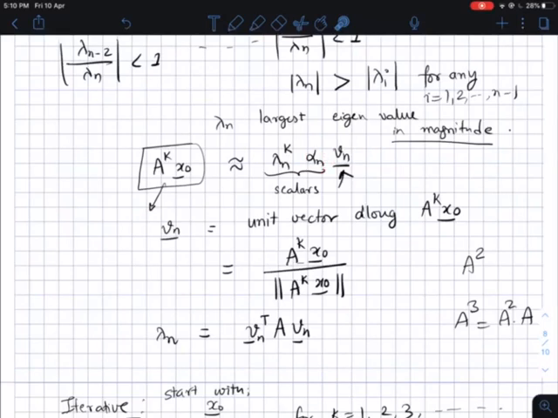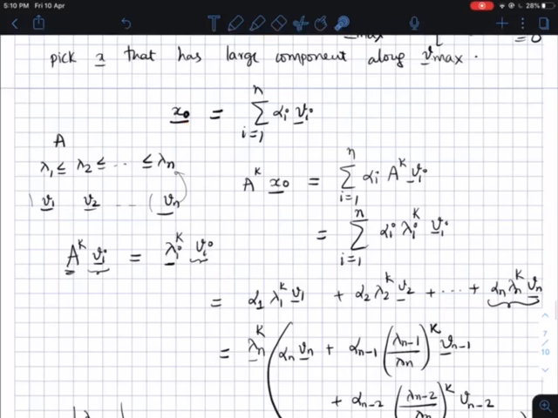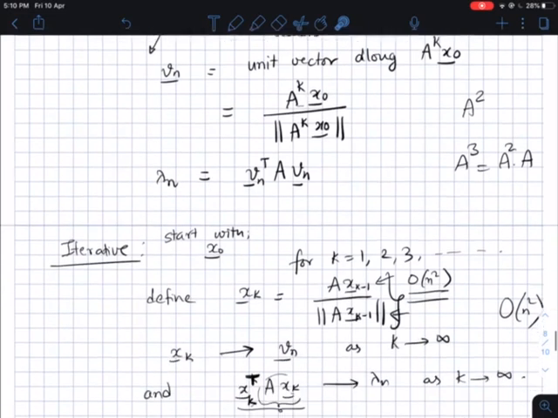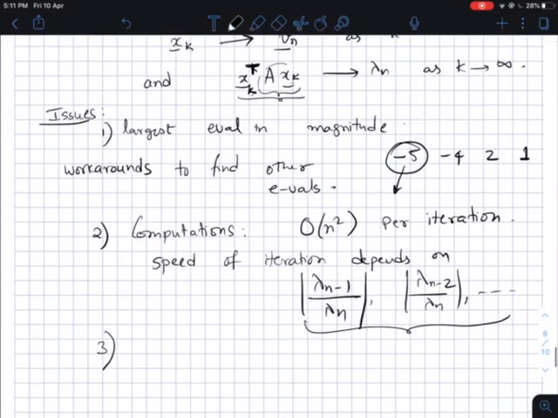The only thing is you have to make sure alpha n is not 0. Just recall what alpha n is: alpha n is the component of x naught along Vn. So you need to make sure that your initial x naught has some component along Vn.